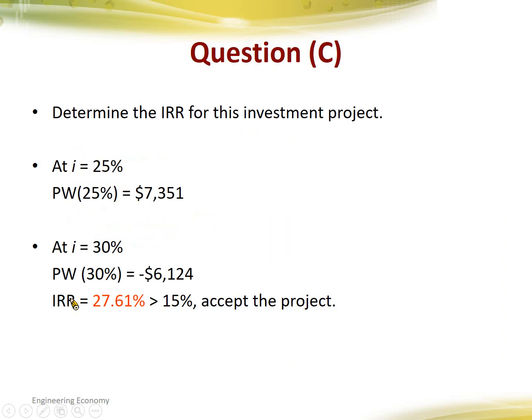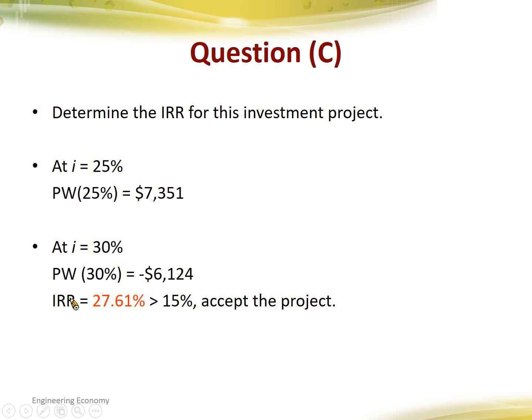So you know that the project generates a return higher than 25%. But then when we put 30% as the MARR, we found out that it's already negative. So we know that the rate of return should be between 25 and 30. And we can continue to change the number and do interpolation. Eventually, we found out that the rate of return is 27.61%.